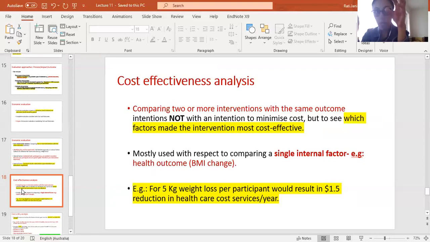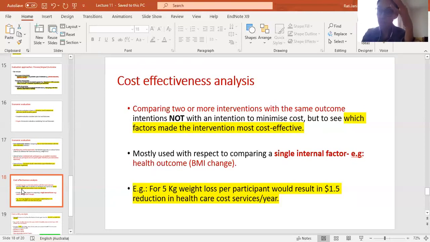So weight loss of 5 kgs in intervention A would result in, say, a reduction of $1.5 million to the government. Whereas weight loss of 5 kgs in intervention B would result in $2.5 billion to the government. So you may think, oh yeah, this one is better. But again, you're not considering a lot of internal and external factors which may influence this.